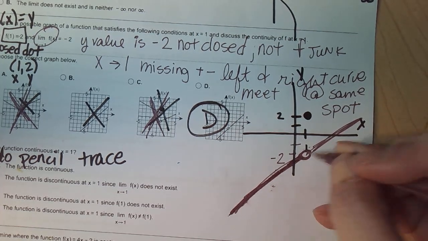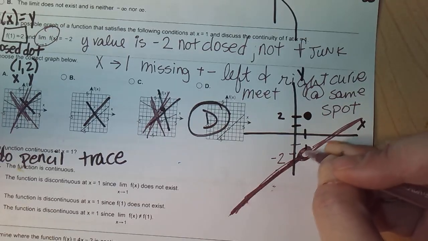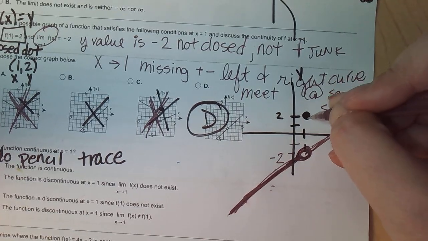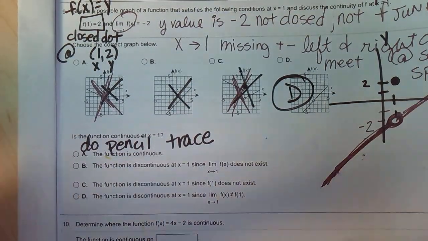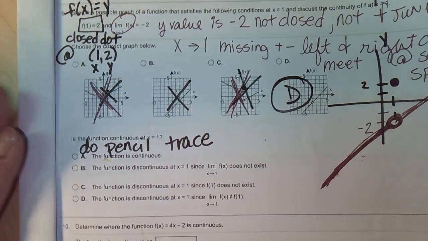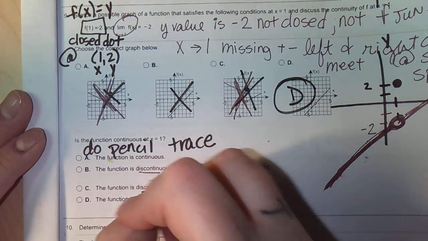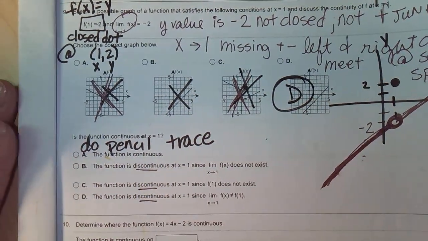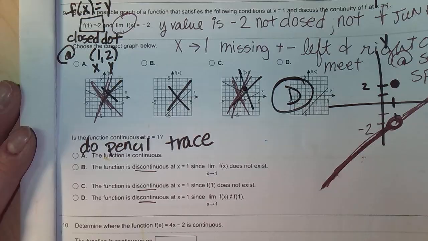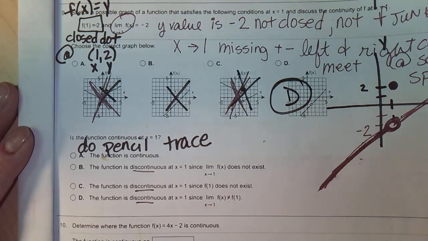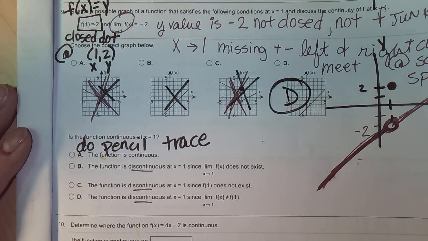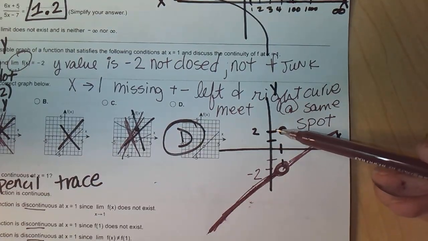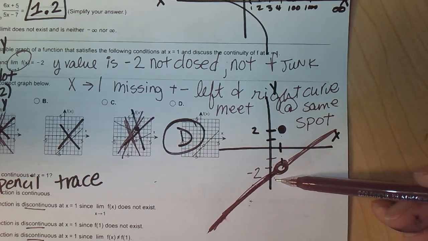I had to pick up my pen to draw that open hole. And then I gotta pick up my pen to draw this dot. So, no, this is not continuous. It's discontinuous. And it's discontinuous because these two dots are not at the same spot.